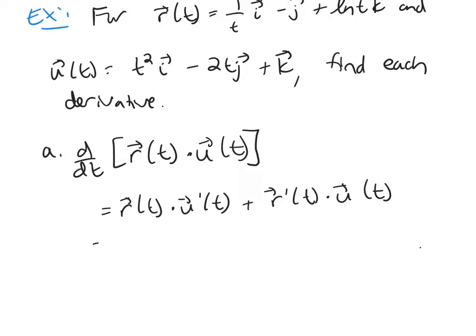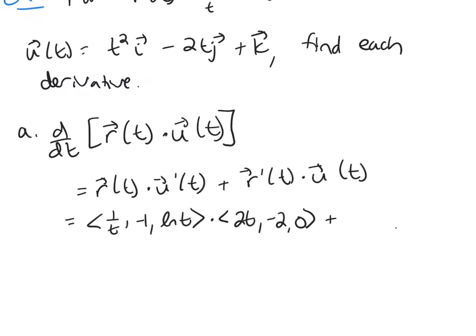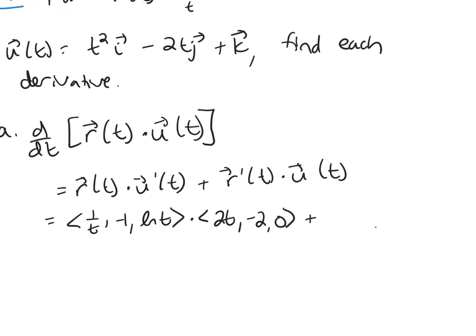So r is the vector 1 over t, negative 1, ln t. We're taking the dot product with the derivative of u, which is 2t, negative 2 and 0, plus r prime.